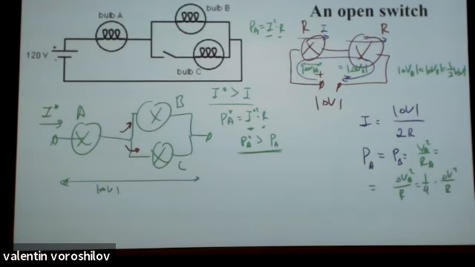Now let's just do coefficients, numbers, and for that we have to do mathematics. So first we need to redraw the circuit, make it simpler. This is A, and I can replace these 2 bulbs with one resistor, RBC. What should it be equal to?